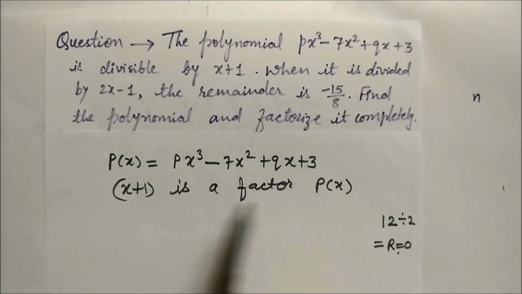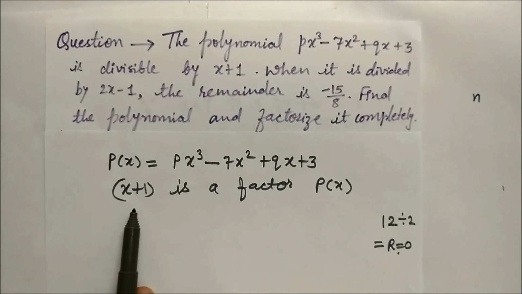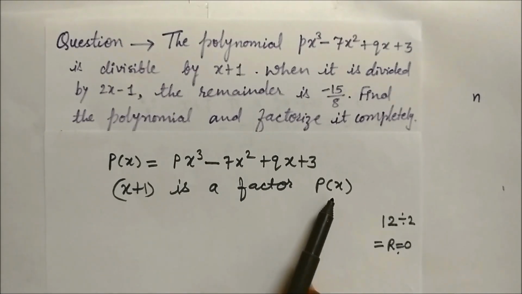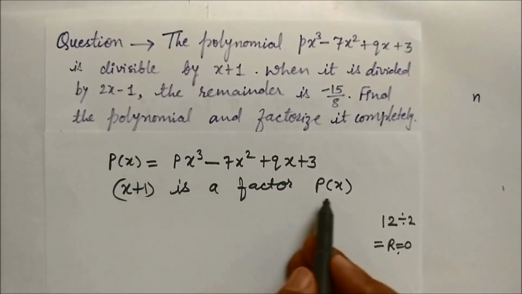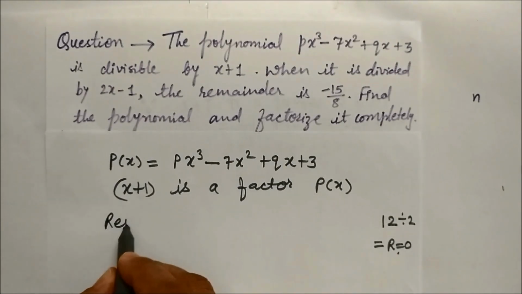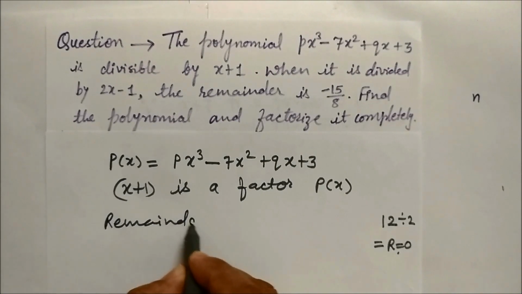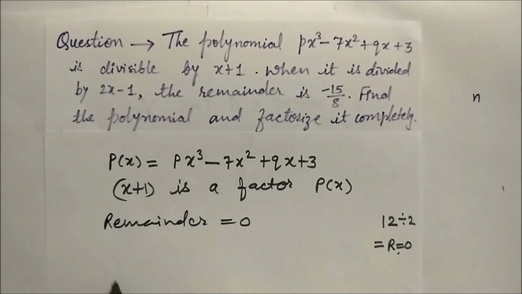Similarly, p(x) is divisible by x plus 1 and remainder is here 0. Therefore, x plus 1 is a factor of p(x). If x plus 1 is a factor of p(x), so in such case remainder is equal to 0.